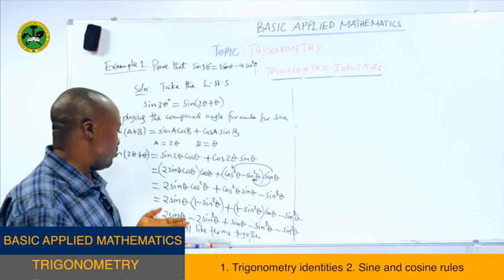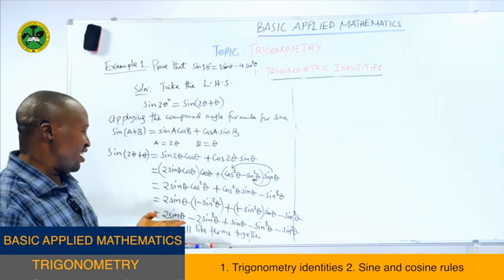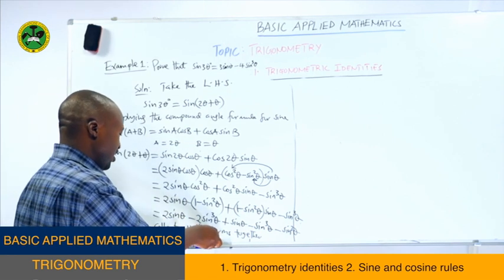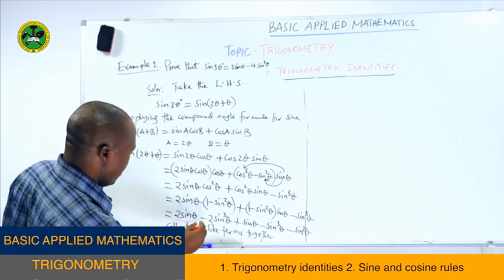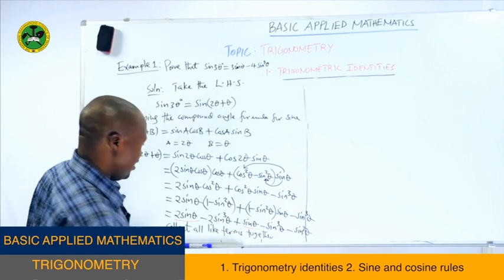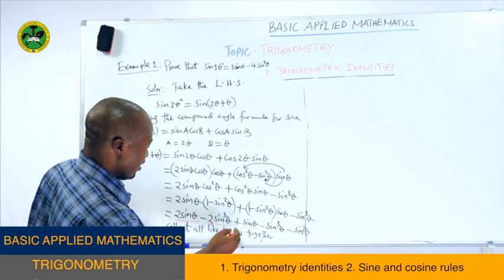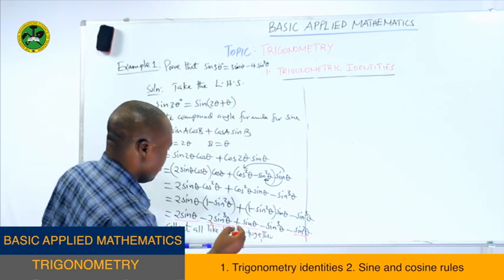Now, what are the like terms here? We have 2 sine theta. This will go with that, 2 sine theta. This one is the same as sine theta. But again, we have the sine with the cubic. That will be the same.